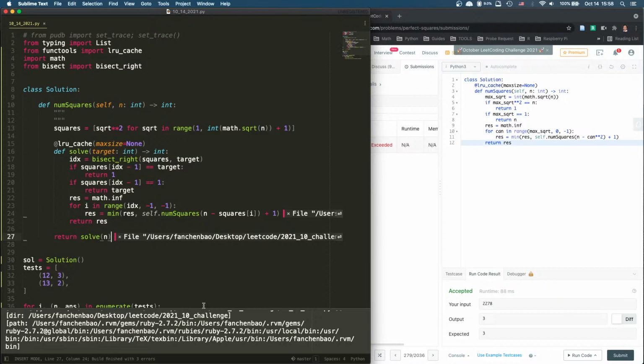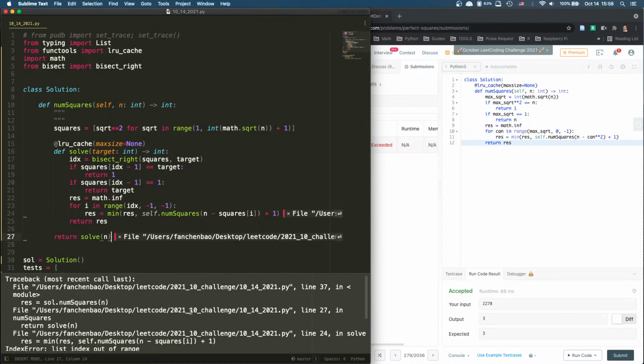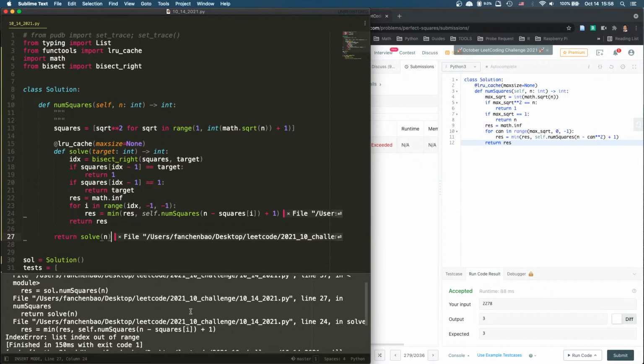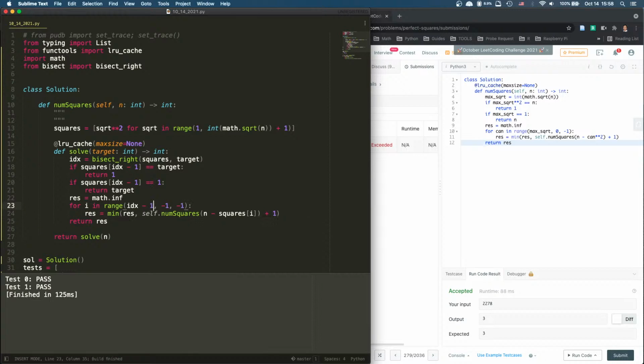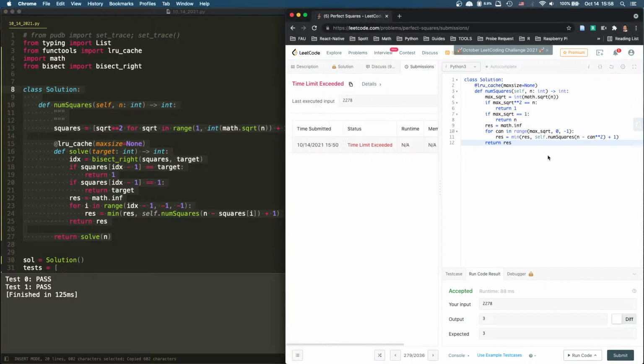Oops. List index out of range. How is that possible? Oh, index minus 1. Index minus 1. Okay. Or will this make it faster? I actually don't know. I don't think this will make it faster.